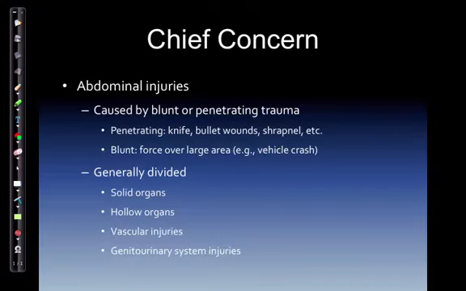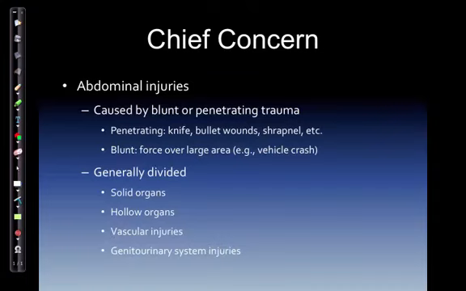It depends on the object's trajectory, the speed, the mass, and secondary collisions with any kind of bony structures that might be inside. On the blunt force end of it, it may involve the entire torso and be divided into direct forces to the body and deceleration forces within the body.